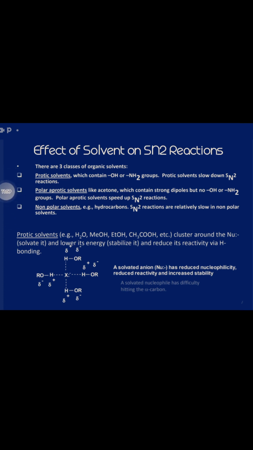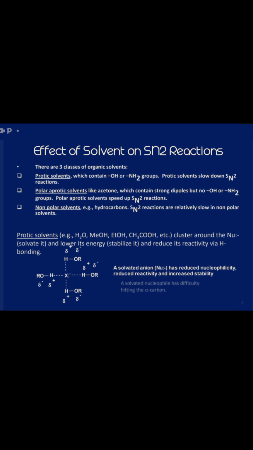And let's see what the polar aprotic solvent is. Sorry, the earlier one is the protic solvent, not polar solvent. I said that this is protic and this is polar aprotic solvent, like acetone, which contains strong dipoles but no OH and NH2 group.